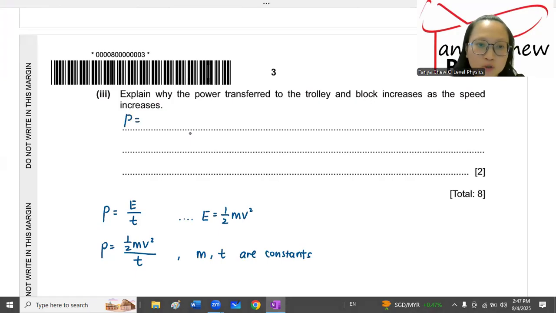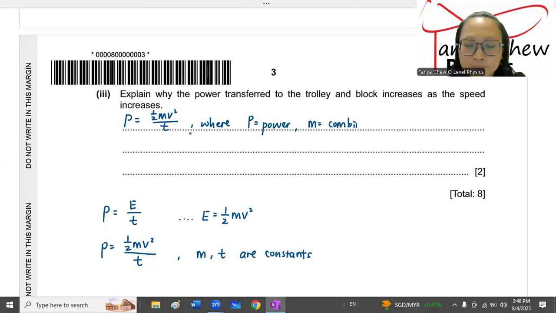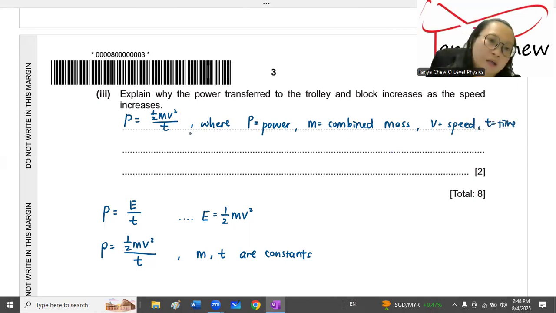Power is equal to half mv squared over time. Since I put in an equation, I have to explain every symbol that I use. P equals power, m equals the combined mass, v equals speed, and t is the time taken.